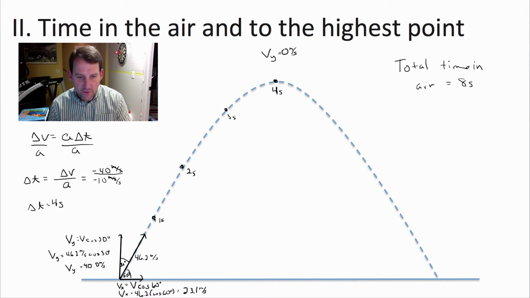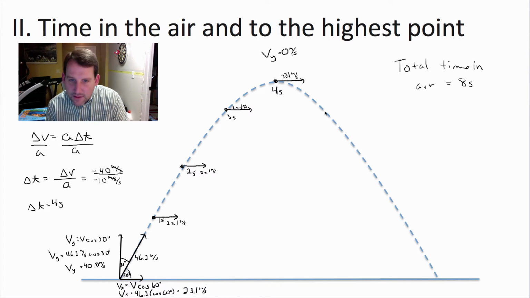So I'm going to draw this horizontal velocity as still 23.1 meters per second, and it's constant. It's going to be the same, 23.1 meters per second, 23.1 meters per second, and 23.1 meters per second. It doesn't change.